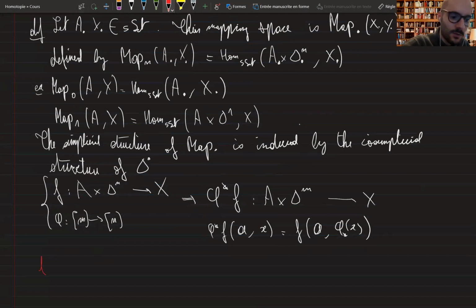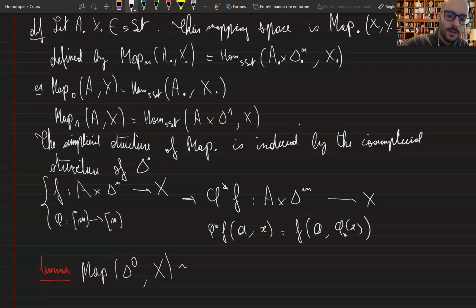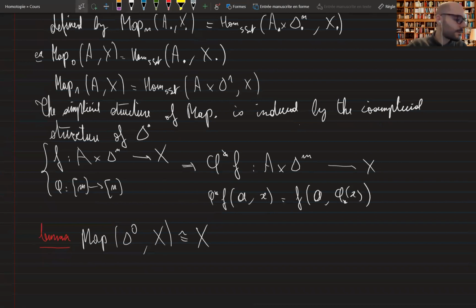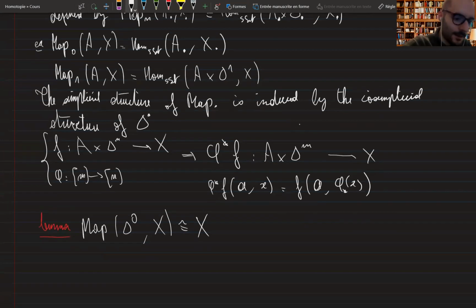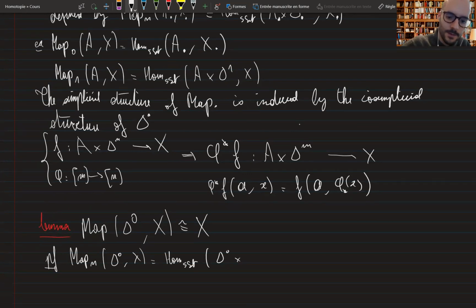So I'm going to need a few lemmas. Something which is more or less obvious is that map from delta 0 into X is isomorphic to X. Well, the proof is simply this.